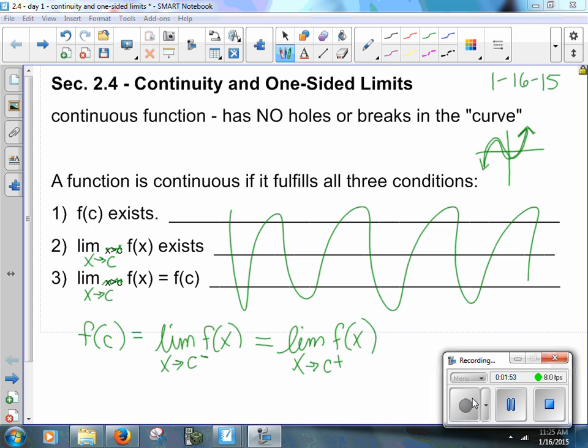Because if I'm only looking at the algebra behind this, I know that a limit exists when my left-handed limit is the same as my right-handed limit, right?